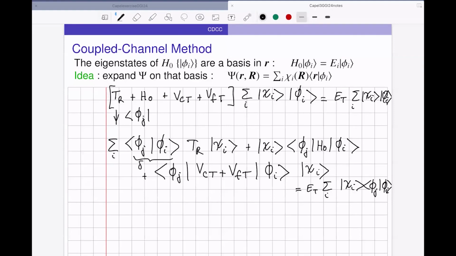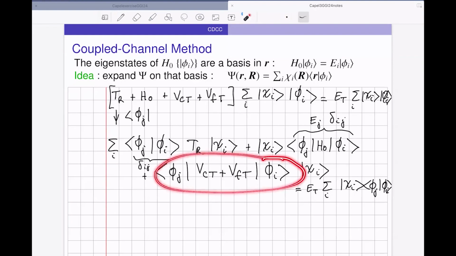So this is equal to delta ij. This phi i is an eigenstate of H naught. So what we know is that it's equal to E_j delta ij. Here, this term is completely non-diagonal, so it's something that really couples the different channels. We'll see that in a moment. And here again, we have delta ij.